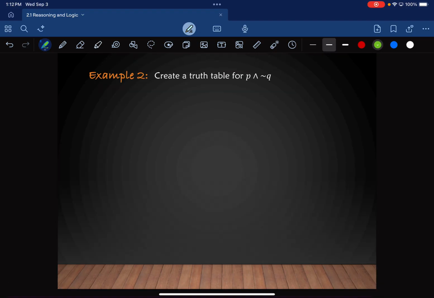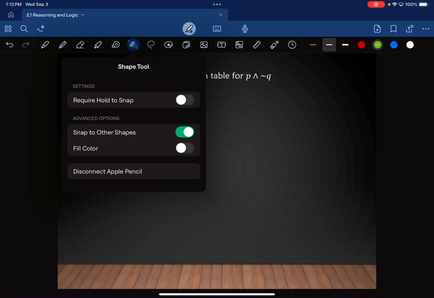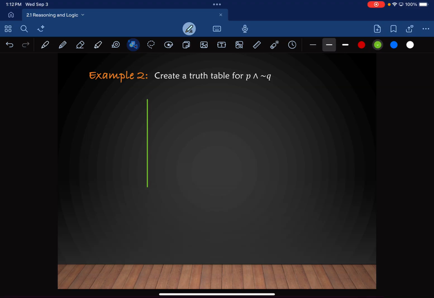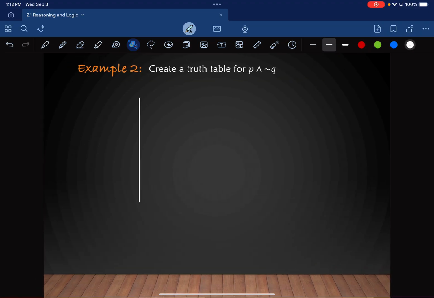So we're going to do a truth table for an arbitrary statement that's been given to us. This statement has a column for P. It'll have a column for Q. All right, this will be enough.